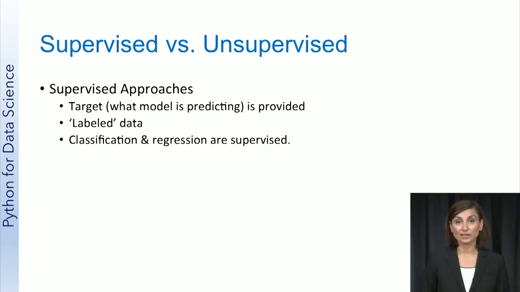This is referred to as having labeled data because the target is labeled for every sample that you have in your dataset. Referring back to our example of predicting the weather category of sunny, windy, rainy, or cloudy, every sample in the dataset is labeled as being one of these four categories. So the data is labeled, and predicting the weather category is a supervised task. In general, classification and regression are supervised approaches.